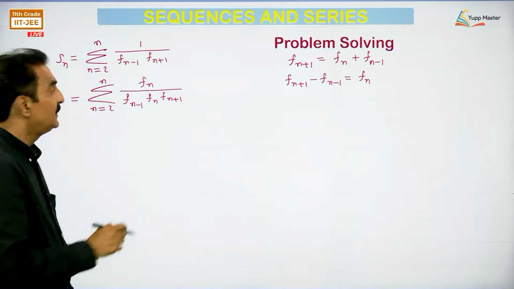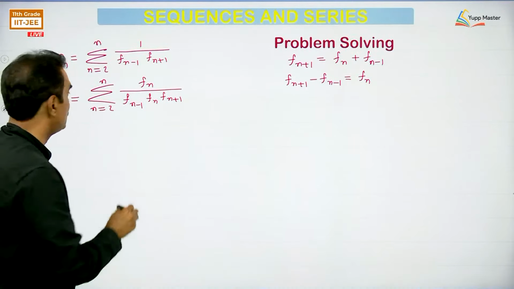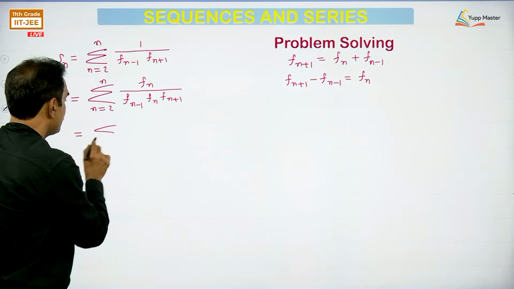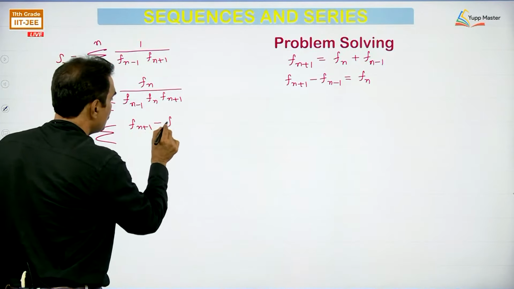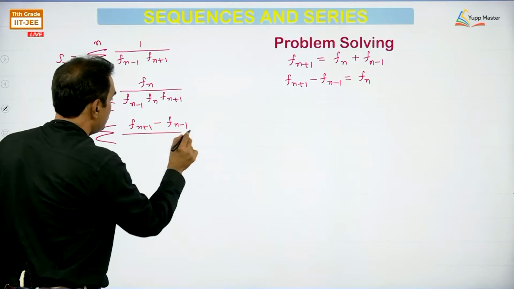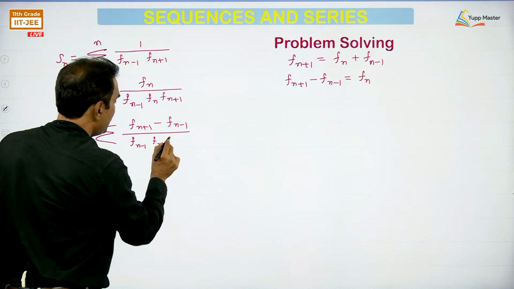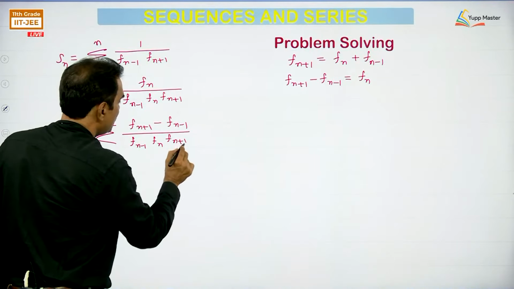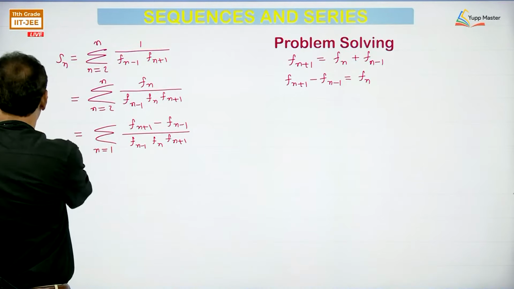Alright. Now, write this f(n) as f(n+1) minus f(n-1), by f(n-1) f(n) f(n+1), n varies from 2 to n.